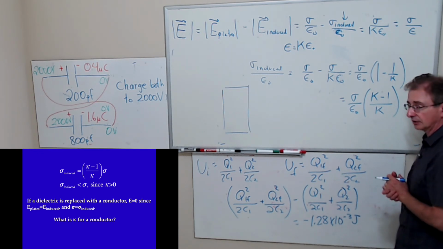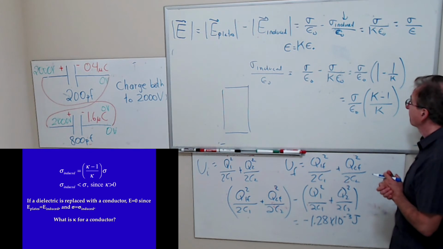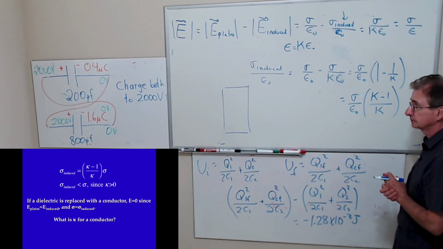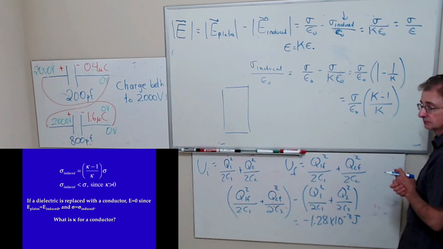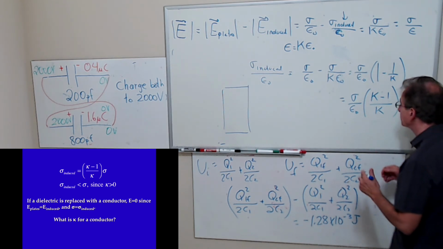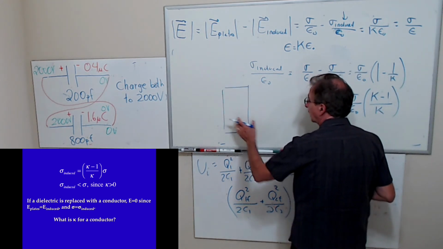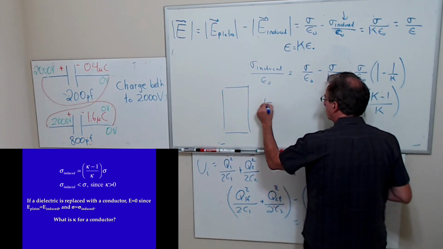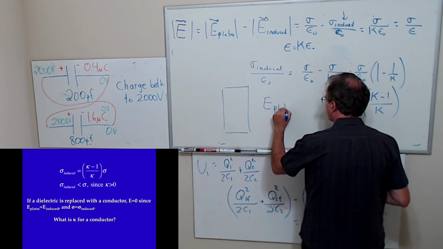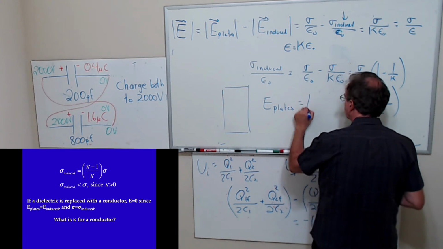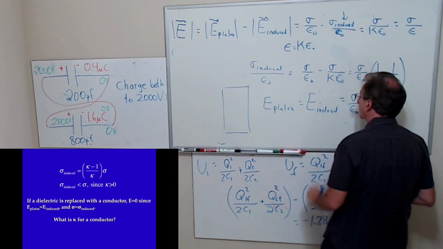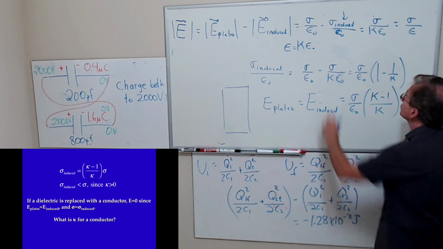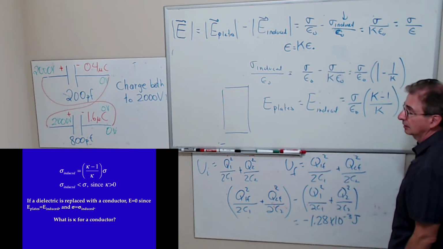So what's kappa for a conductor? In fact, what happens is when I put the conductor in between the plates, E plates equals E induced. These two are equal to each other.